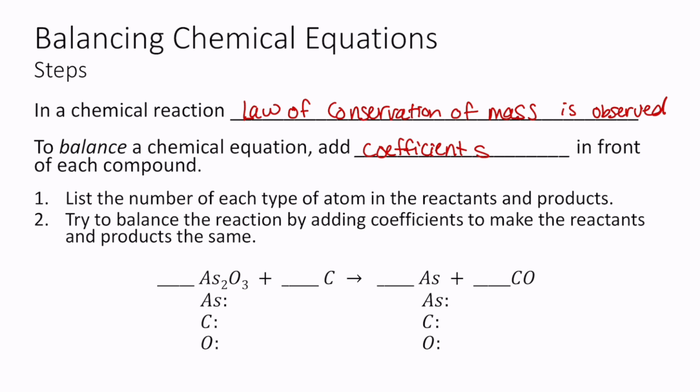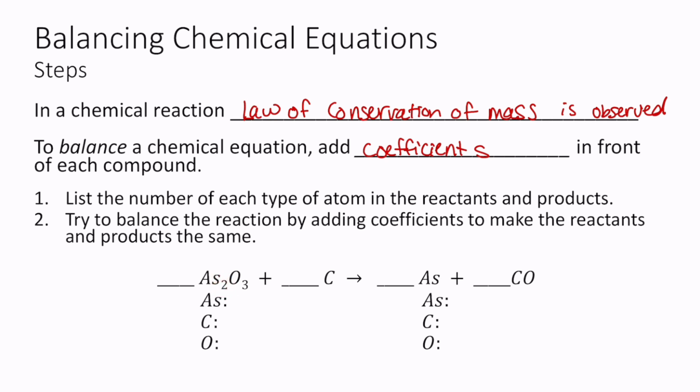So the first thing you want to do is list each type of atom in both the reactants and the products. I also like to make sure that the order I list them on my reactant side is the same as the product side. Now you have to identify how many of these they have. So if I look at my reactant side, I have two of my As.